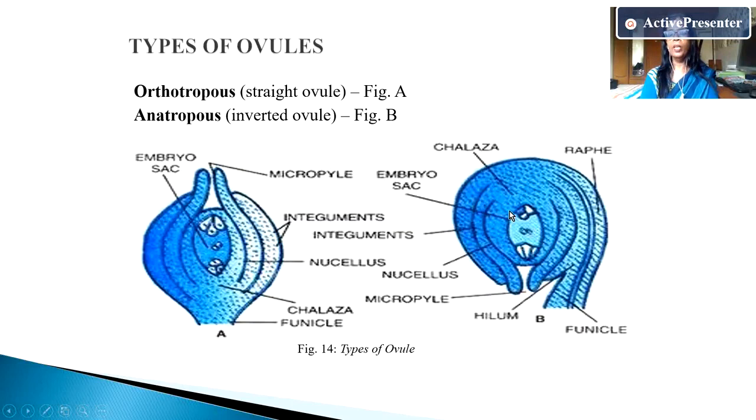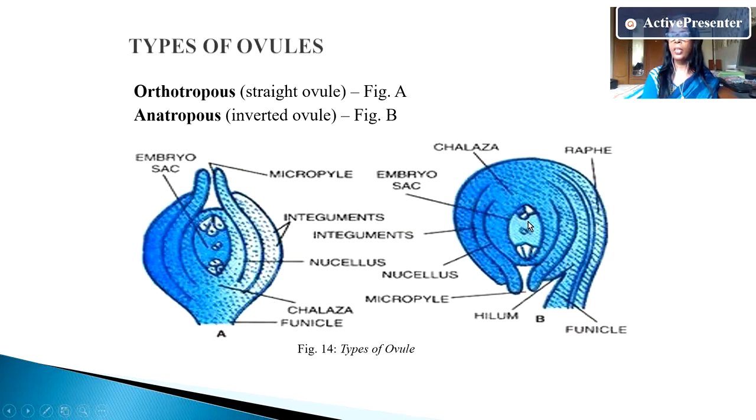The main portion of the ovule, that is the innermost part, is known as the female gametophyte or embryo sac. It is made up of 3 antipodals, 3 egg apparatus, and the secondary nucleus. The secondary nucleus is a single-celled and binucleated structure. And these are 3 haploid cells, here 3 haploid cells.